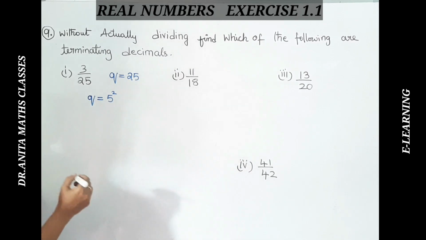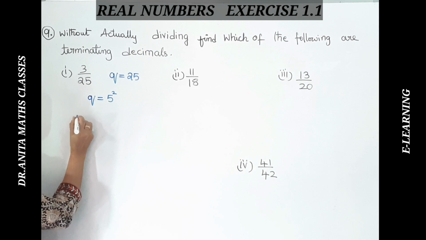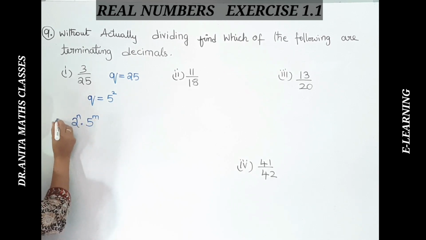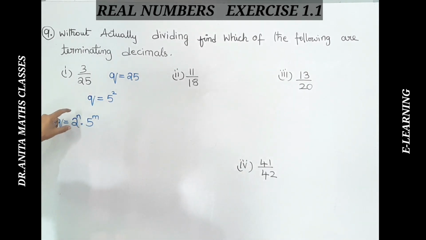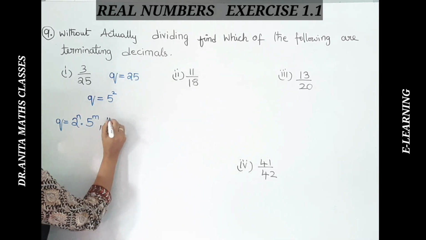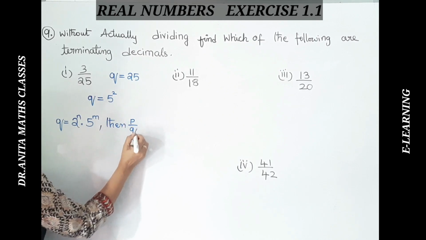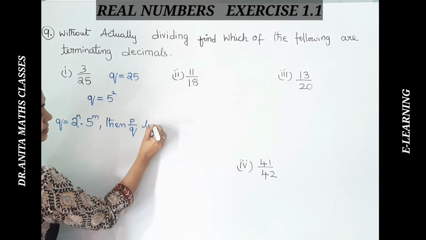That means if any number's denominator is in the form of 2 to the power of n into 5 to the power of m, that means the factors are only 2 and 5 in this form, then p over q terminates.